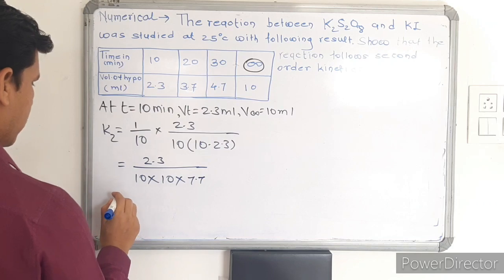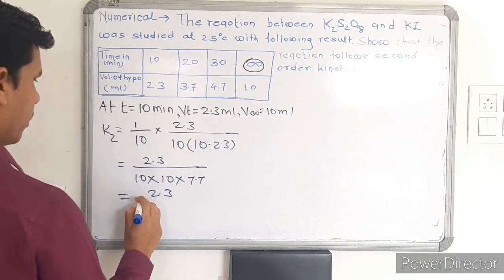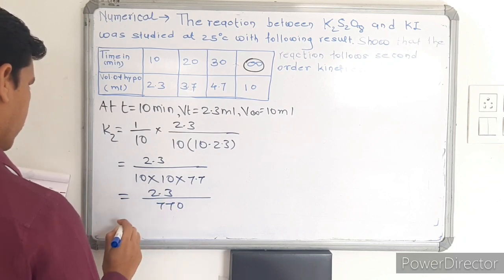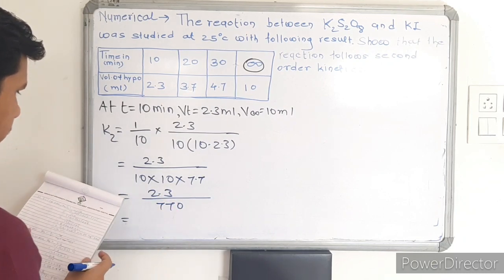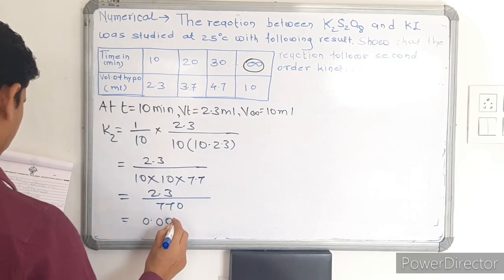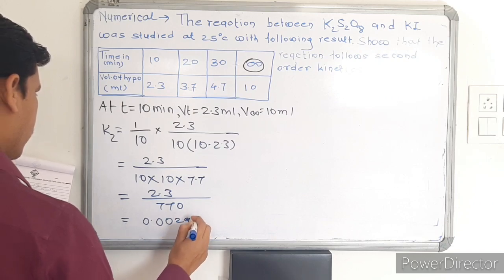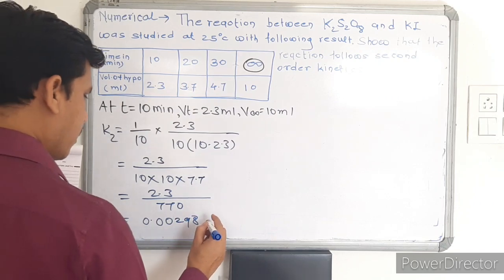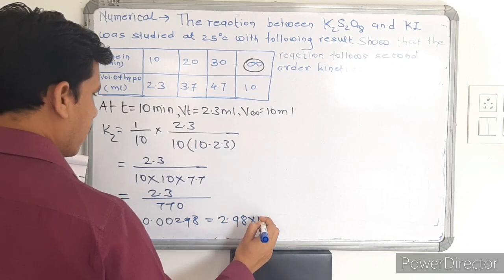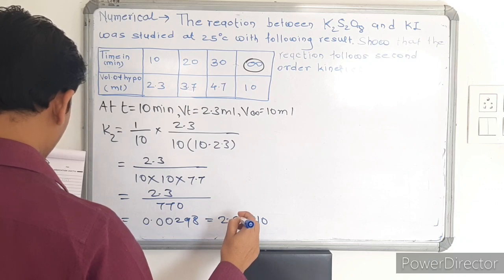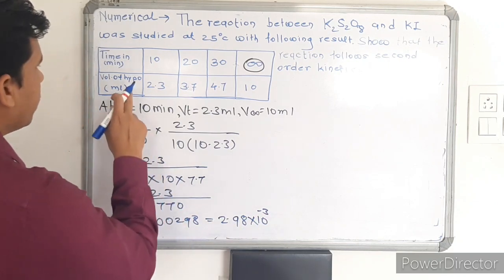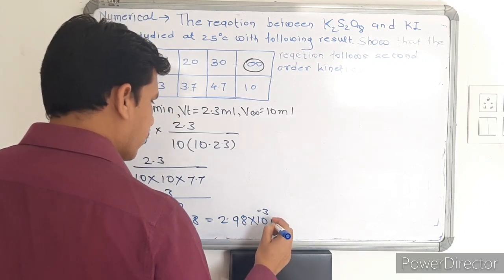By solving this, 2.3 upon 770, and by solving this we will get 0.00298. This one we can write as 2.98 into 10 raised to the power minus 3. The unit is minute inverse ml inverse.